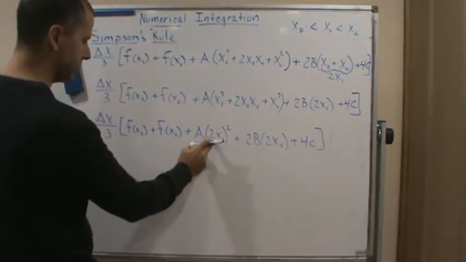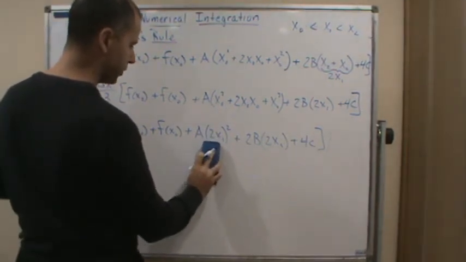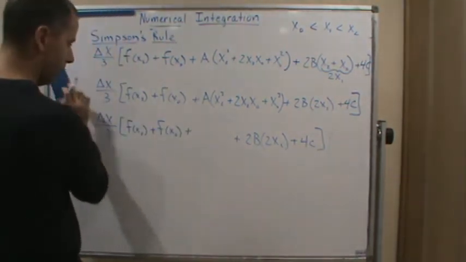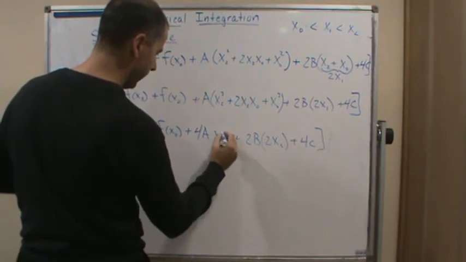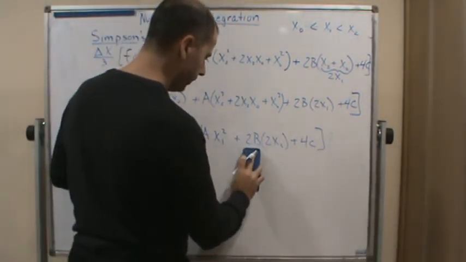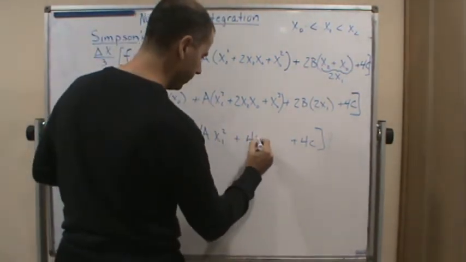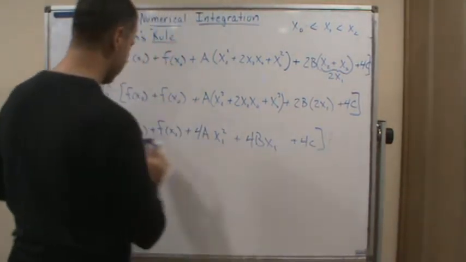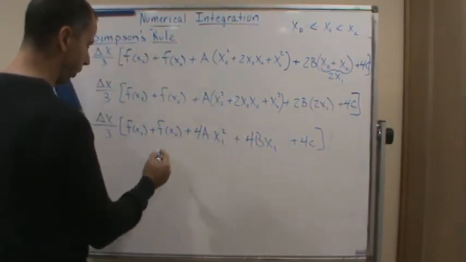And now this gives me a 4x sub 1 squared, right? So this gives me 4a x sub 1 squared. This gives me 4b x sub 1, and then plus 4c, and now all I have to do is factor out the 4.